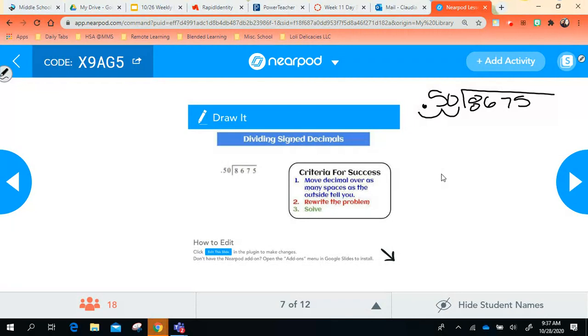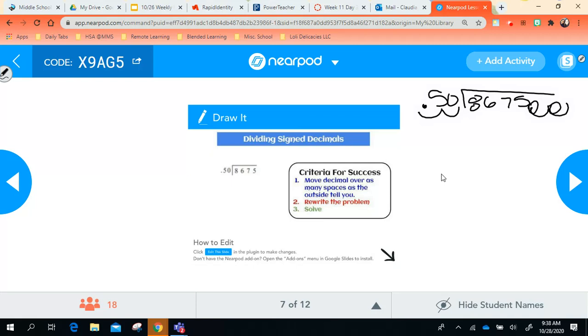Where would my invisible decimal be? At the very end. So I still have to move it because I can't just be like, I'm fixing the number on the outside, but then I'm doing nothing to the one on the inside. That's not how it works. So you have to put in your invisible decimal and move it over 1, 2 times. What goes in those places? 0.